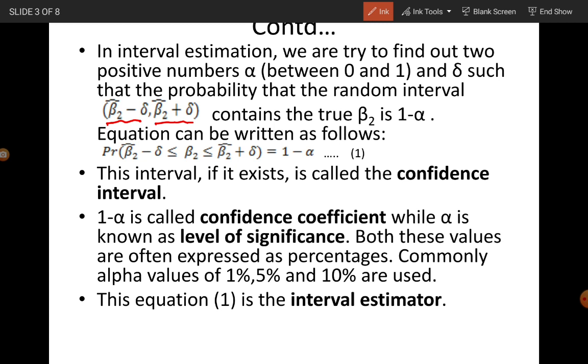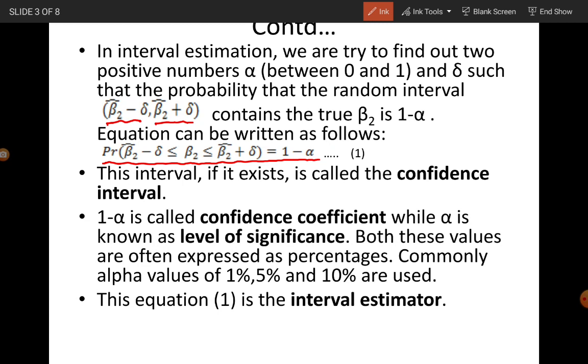And we are saying that we have 1 minus alpha probability that this random interval will contain the true population parameter beta 2. The interval estimate constructed can be written in this manner, equation 1.